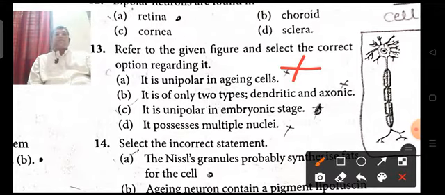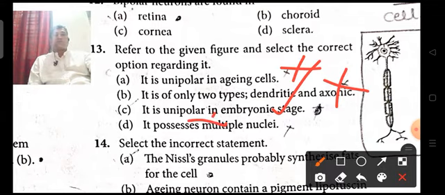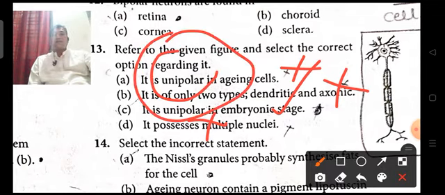It is of only two types, dendritic and axonic. Cyton is also present, so this is also wrong. It is unipolar in embryonic stage, already we know that. And it possesses multiple nuclei, but it possesses only one nucleus, so the fourth option is also wrong. So option C is the right answer for the 13th question.